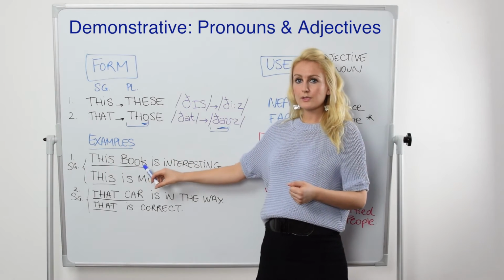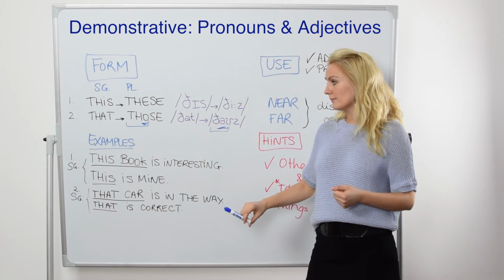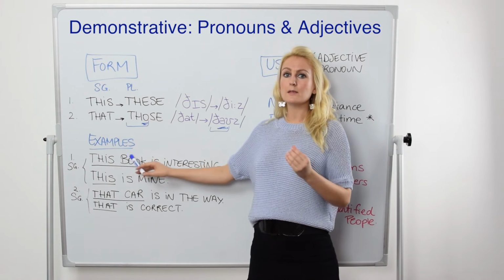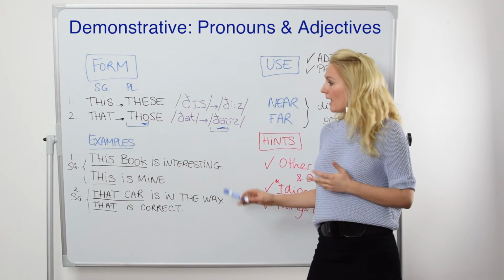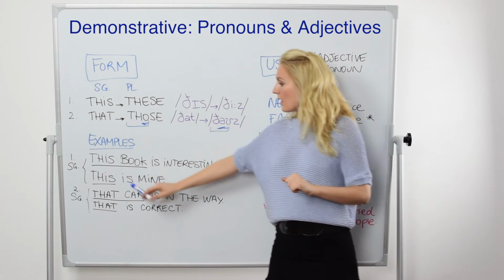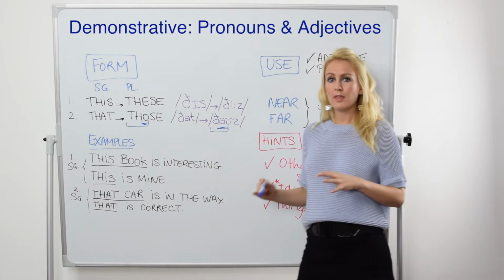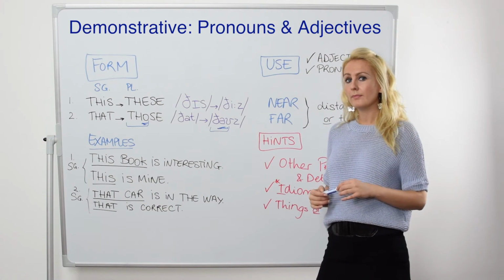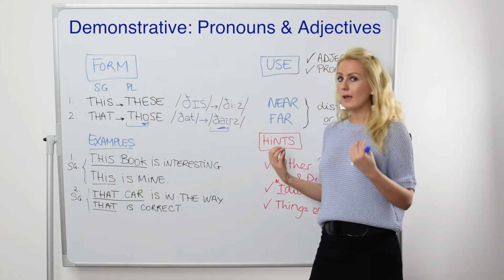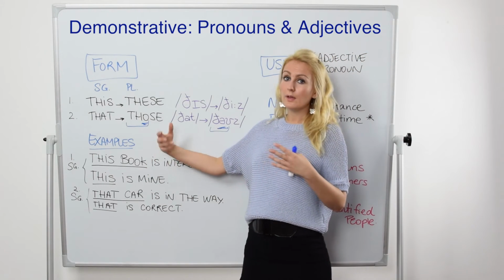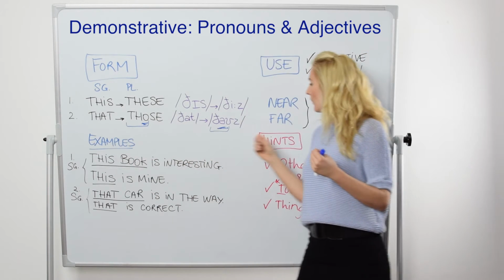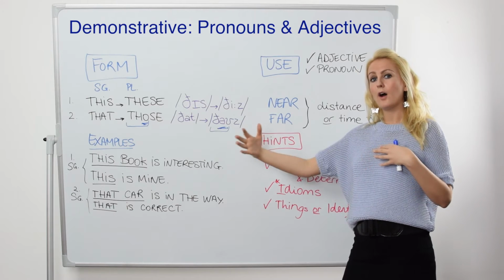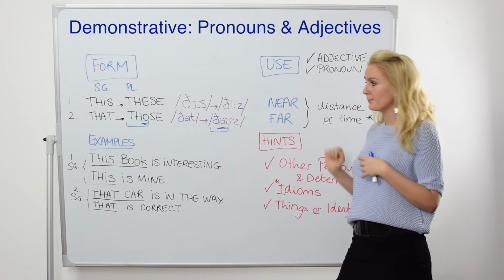These books are interesting. Let's repeat. These books are interesting. And as a pronoun, these are mine. These are mine. Okay? Now let's look at the other demonstrative adjectives and pronouns when we are referring to something that is far, in distance or in time.